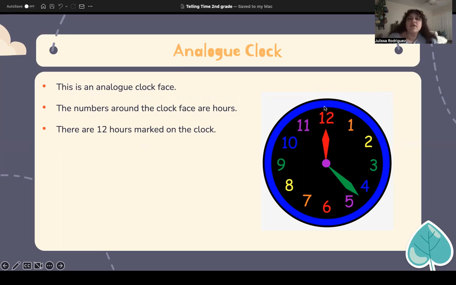So let's go together. 5, 10, 15, 20, 25, 30, 35, 40, 45, 50, 55, 60. In total, in 1 hour on the clock is 60 minutes. A total of 60 minutes for 1 hour.